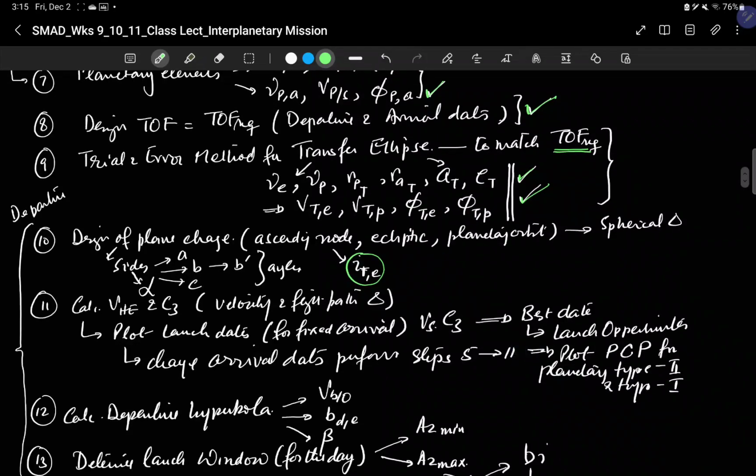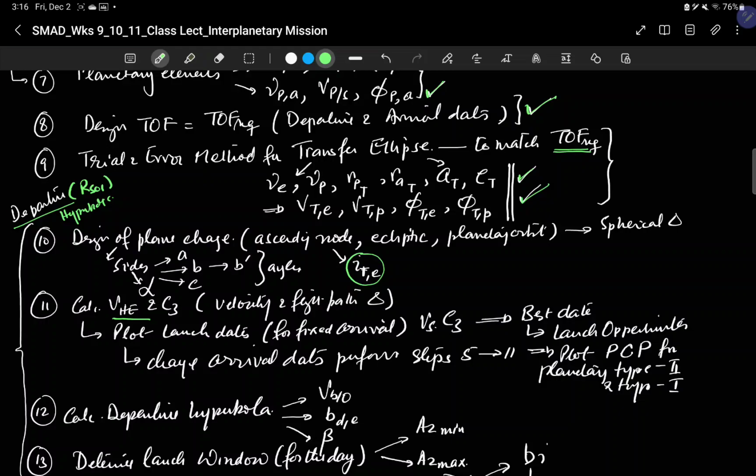This solution was being solved inside the sphere of influence, so we were inside the RSOI, which was actually a hyperbolic trajectory calculation. The most important thing was the calculation of the hyperbolic excess velocity, the V-infinity excess velocity, and the characteristic energy, C3.